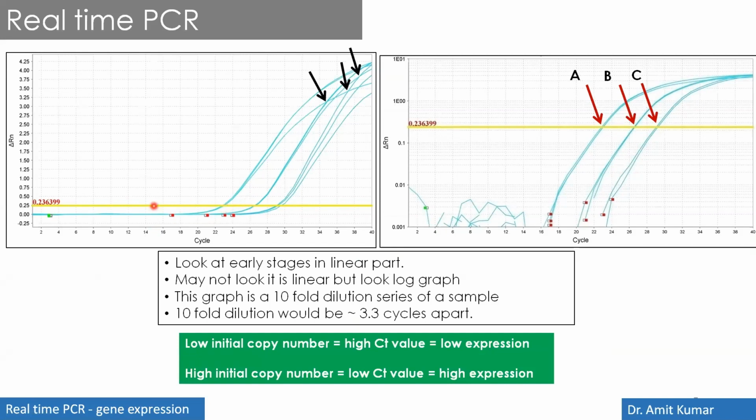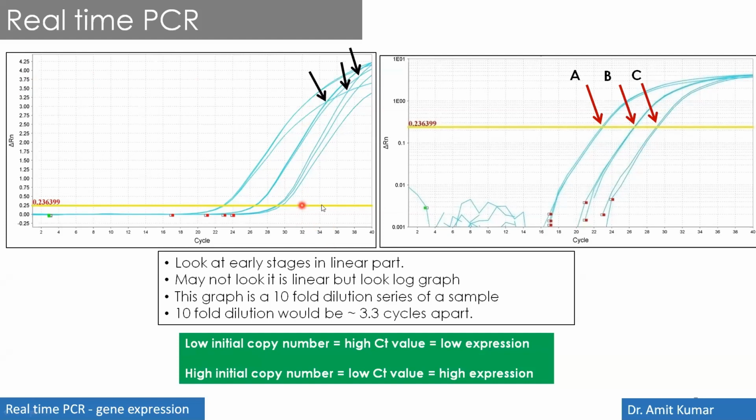So in this particular place, why is it important where you want to keep your threshold? Let us suppose that this yellow line you plot somewhere here. What will happen? This particular PCR reaction crosses at this point, almost around 33 cycles.